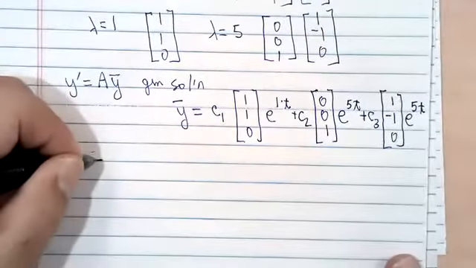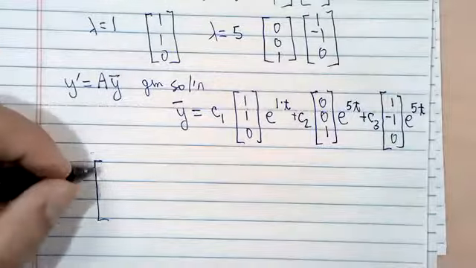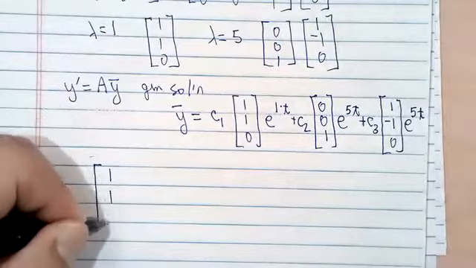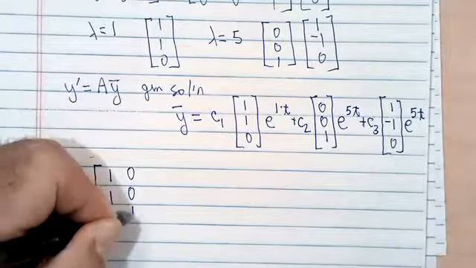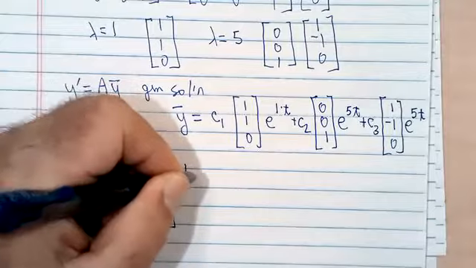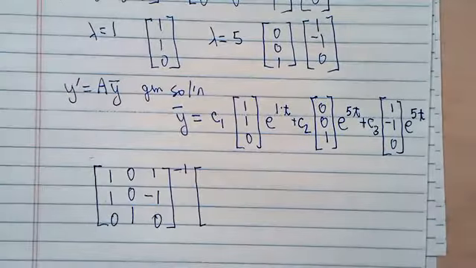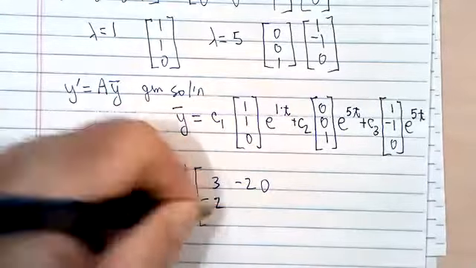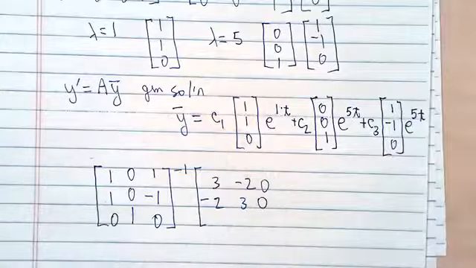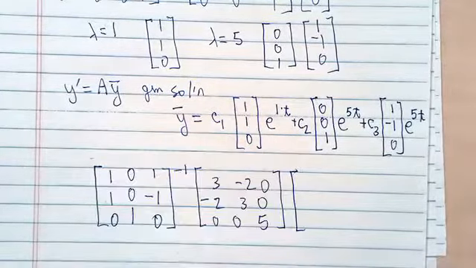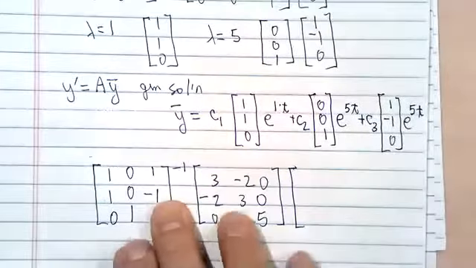It is also true that if you take this matrix, I'm just going to stack these up, 1, 1, 0, 0, 0, 1, 1, minus 1, 0 for the columns, take its inverse, multiply by the original A, 3, minus 2, 0, minus 2, 3, 0, 0, 0, 5, and put this matrix on the other side without the inverse.